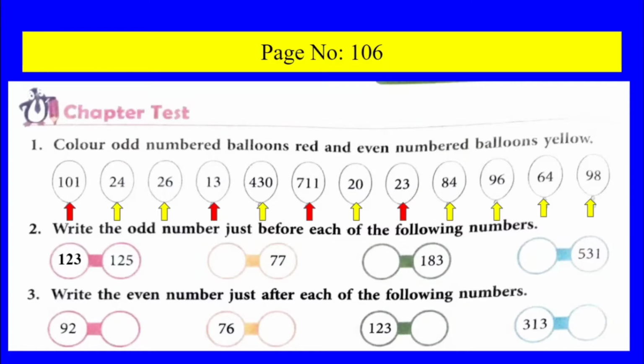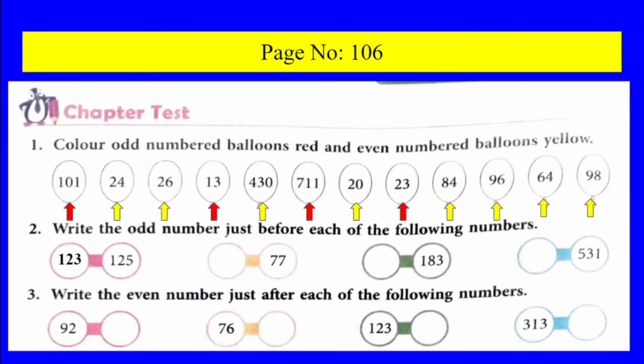Now let us look at the next number, 77. So which number comes before 77? Yes, 76. So children, is 76 an odd number? No, 76 ends with the number 6. Therefore it is an even number. So which number comes before 76?